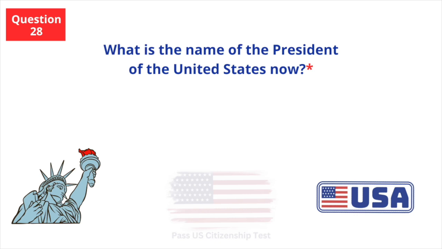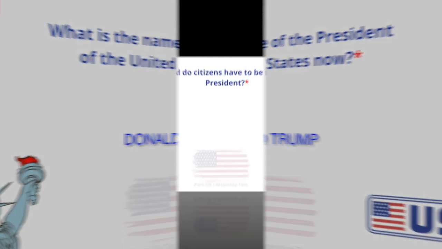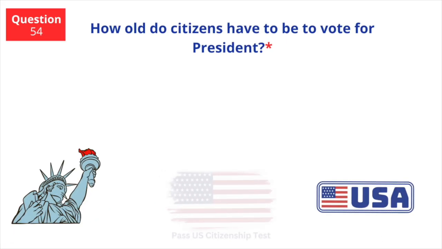What is the name of the President of the United States now? Donald Trump. How old do citizens have to be to vote for president? 18 and older.